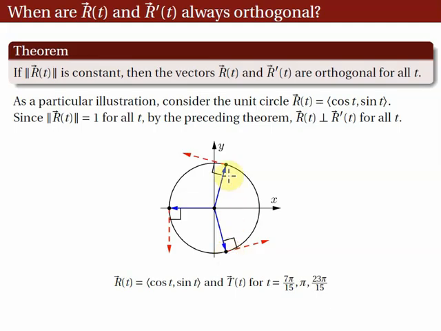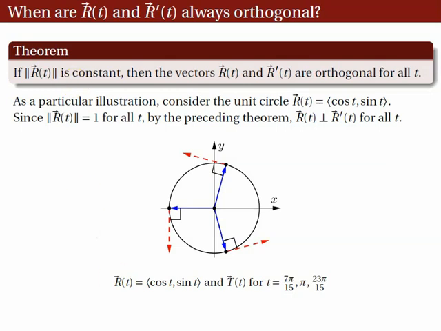The red arrows in the picture are r prime of 7 pi over 15, r prime of pi, and r prime of 23 pi over 15. As you can see, the red vectors are always orthogonal to the blue vectors, since the condition is satisfied: the norm of r of t is constant for all time.